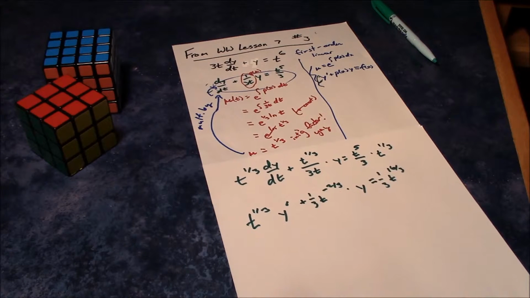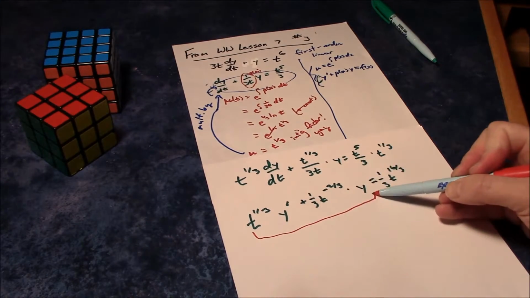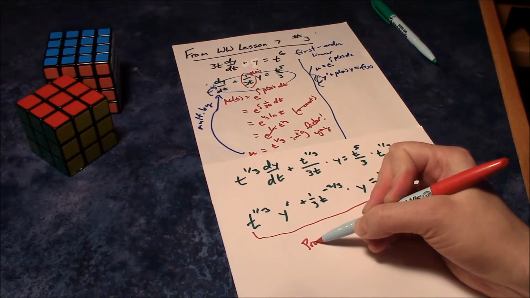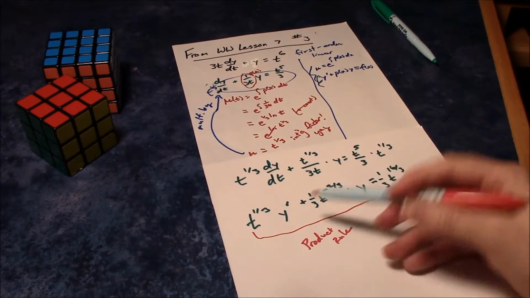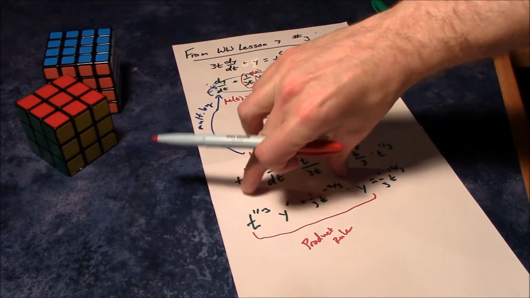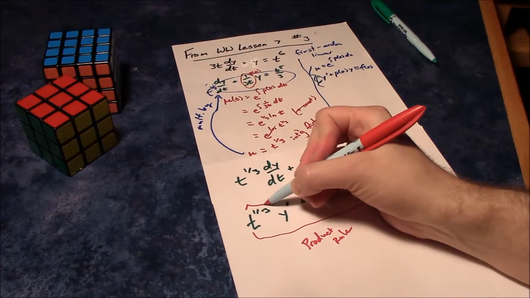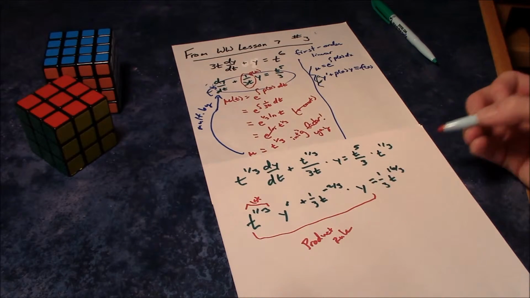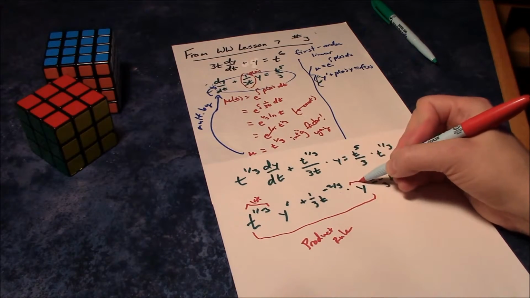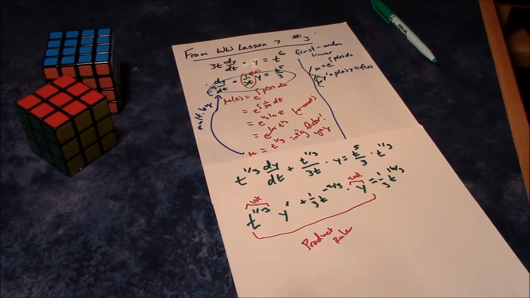Notice there's a product rule hanging out in here. Remember, product rule is first times derivative of second plus second times derivative of first.